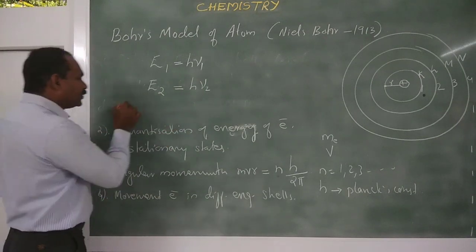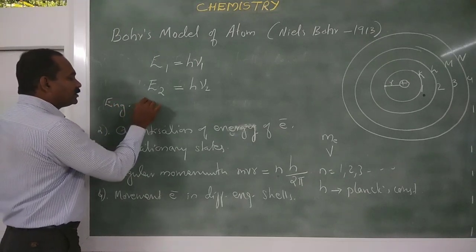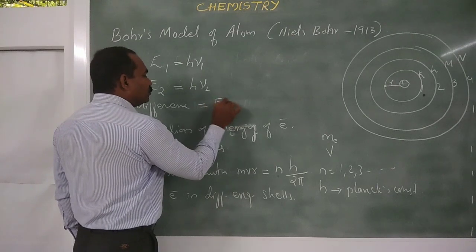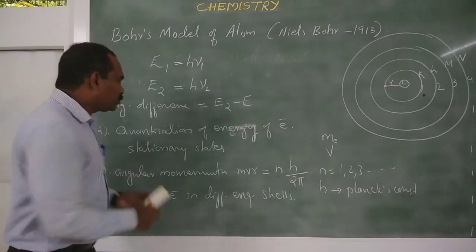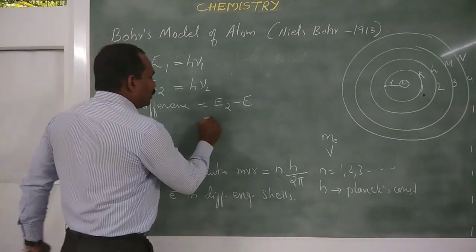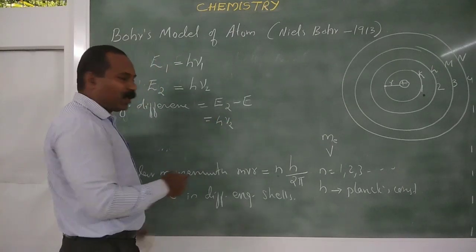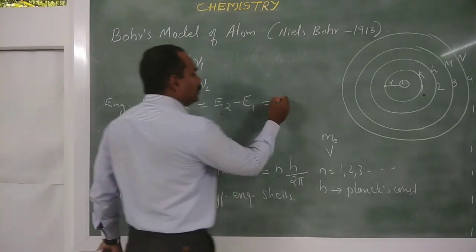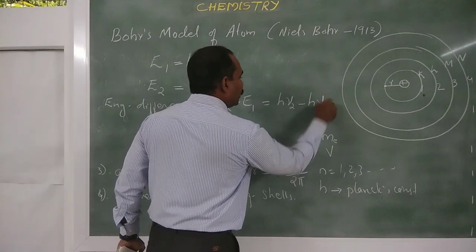What is the difference between the energies? The energy difference is equal to E2 minus E1. Then what is E2? h nu 2. So E2 minus E1 is h nu 2 minus h nu 1.